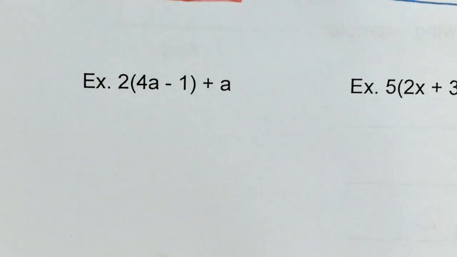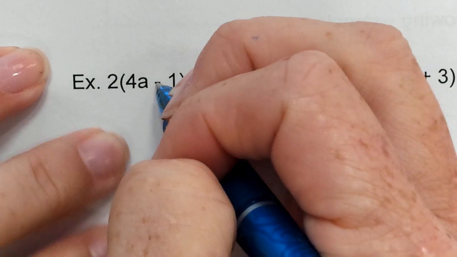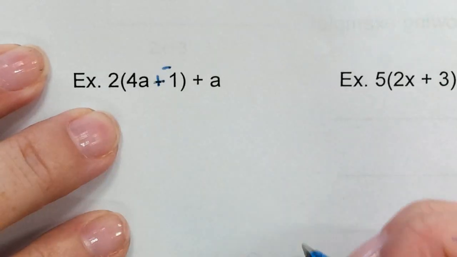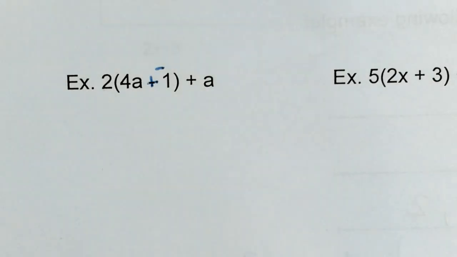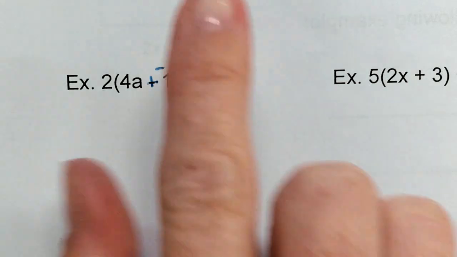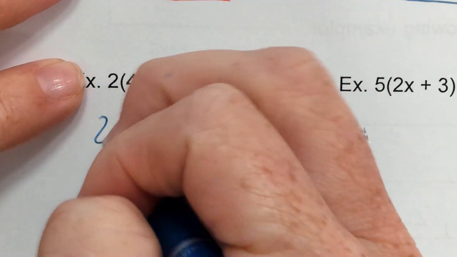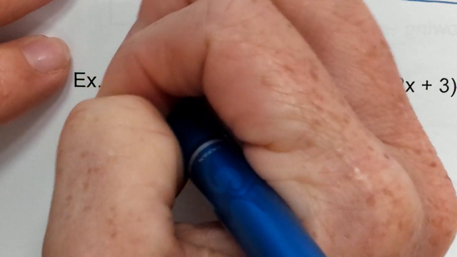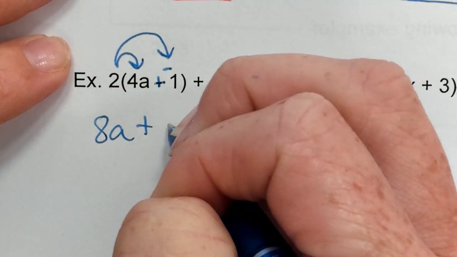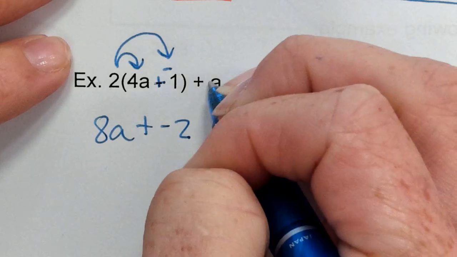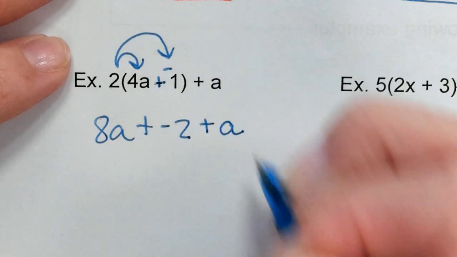Okay, what do I need to do with the parentheses first? Change. Am I distributing the 2 or the a? So do I even look at this right now? No. What's 2 times 4a? 8a. What is 2 times negative 1? And then I'm going to add a.